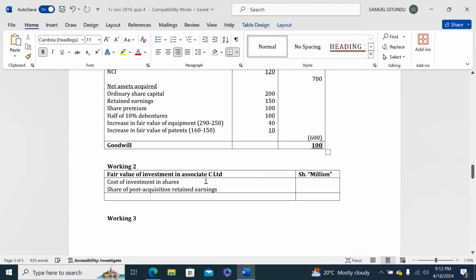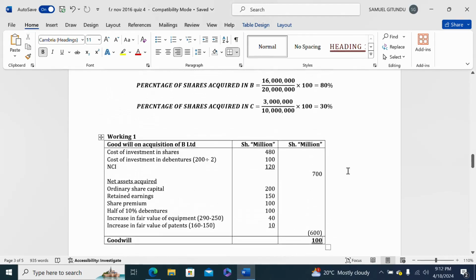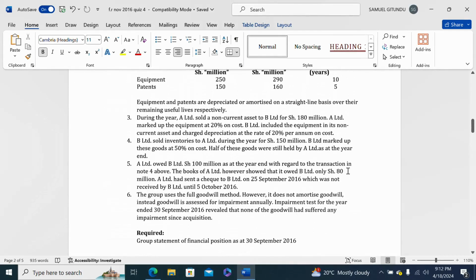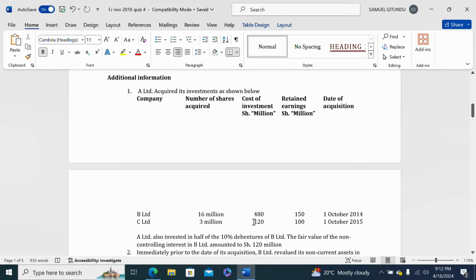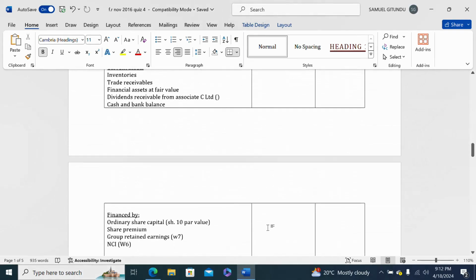Then working 2, we go to the fair value of investment in associate C Limited. We have the cost of investment in shares of C Limited now. Now we go to C Limited. The cost of investment is 120 million.